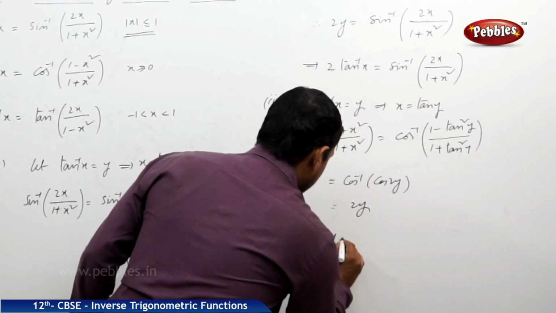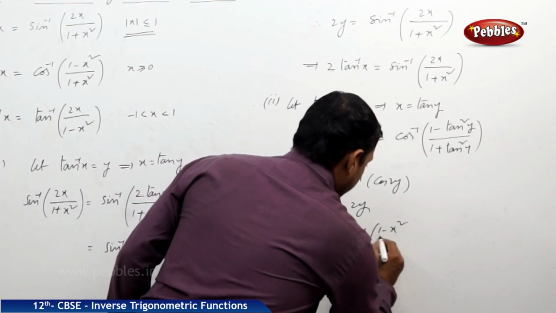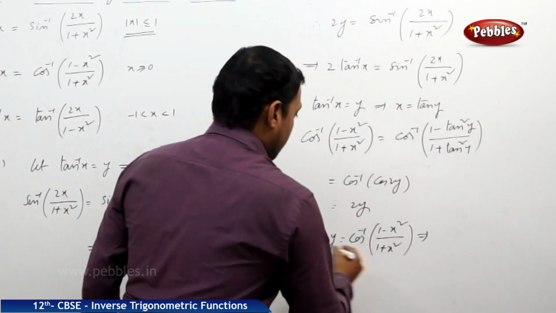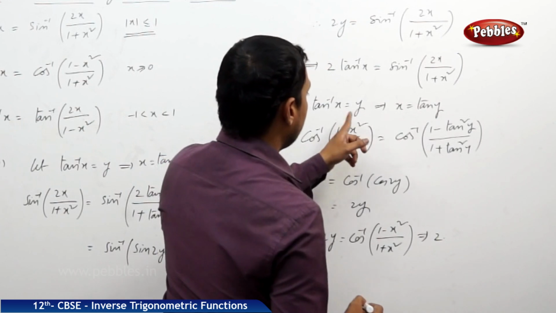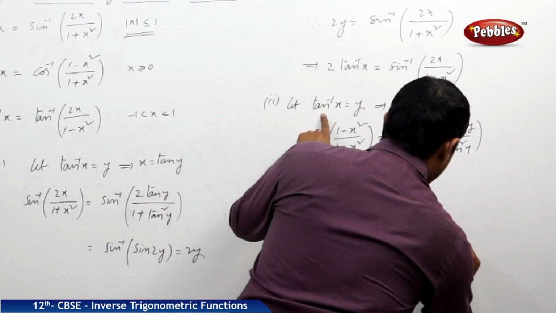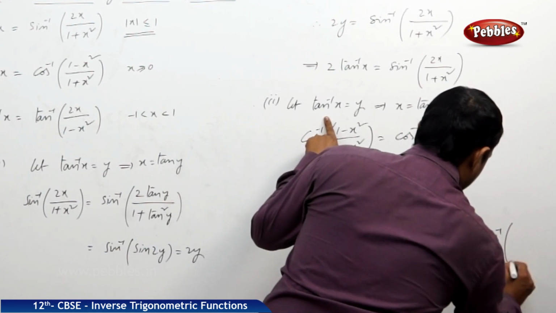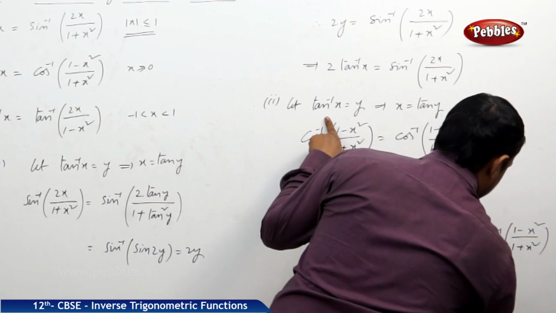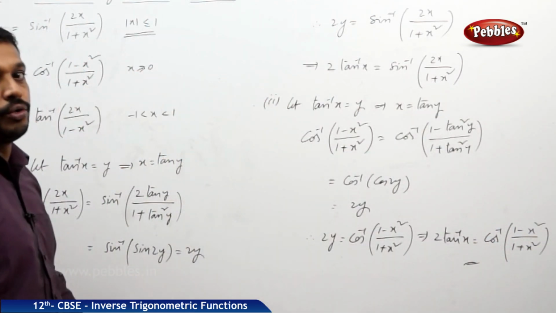Therefore, 2y is equal to cos inverse of (1 minus x²) by (1 plus x²), but y is equal to tan inverse x. So 2 tan inverse x is equal to cos inverse of (1 minus x²) by (1 plus x²) for every x greater than or equal to 0.